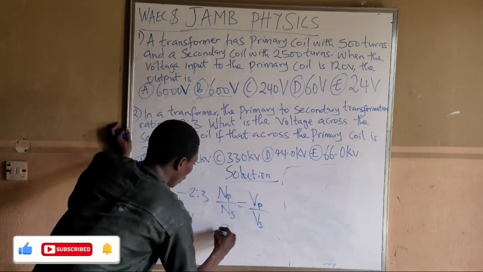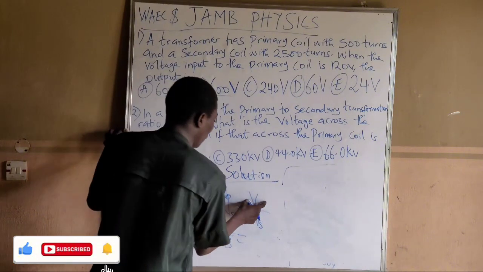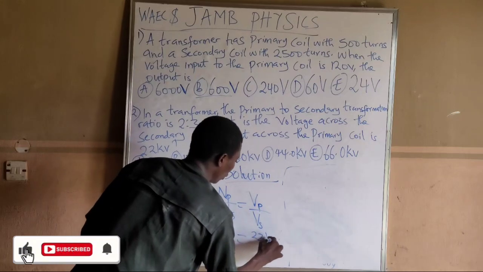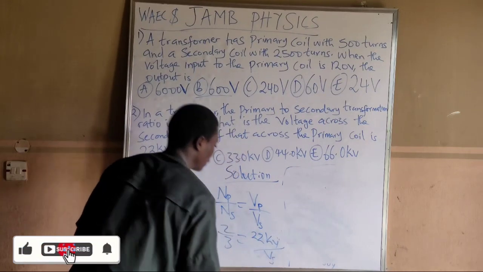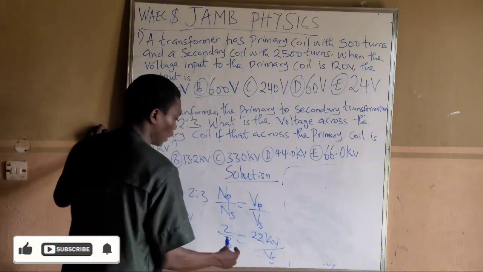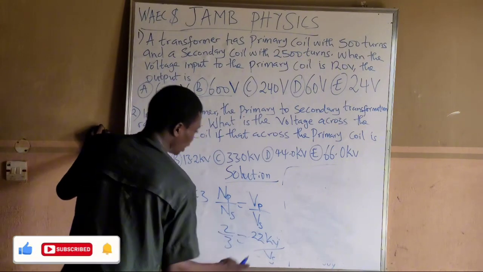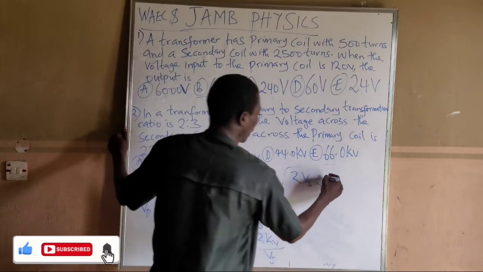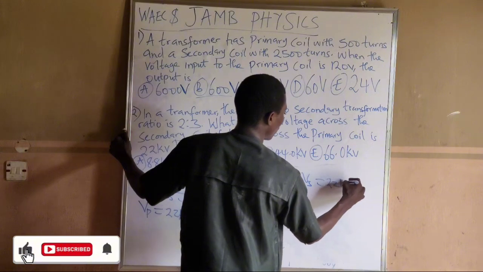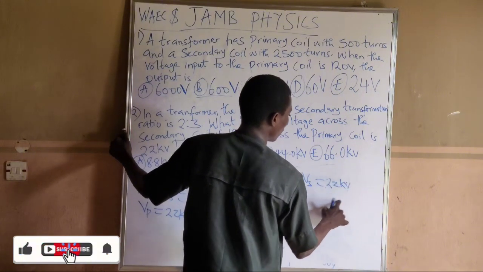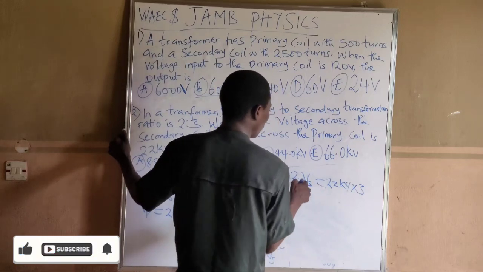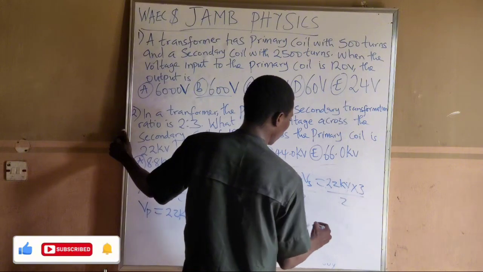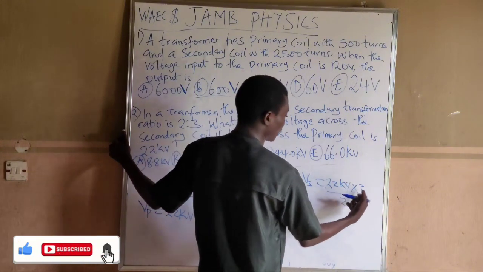So I will also write it as 2/3 equals VP over VS. Our VP is 22 kilovolts over VS. VS is not given, we are looking for VS. So what we have to do now is cross multiply. 2 times VS, we have 2 VS equals 3 times 22 kilovolts. To make VS the subject of the formula, you divide both sides by 2. We have VS equals 22 times 3/2.